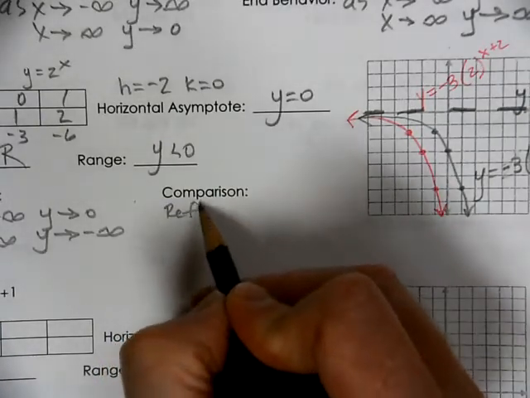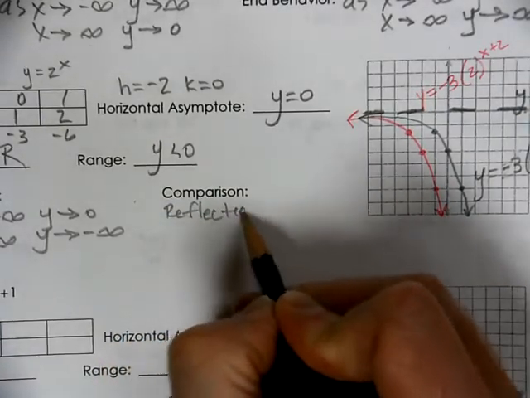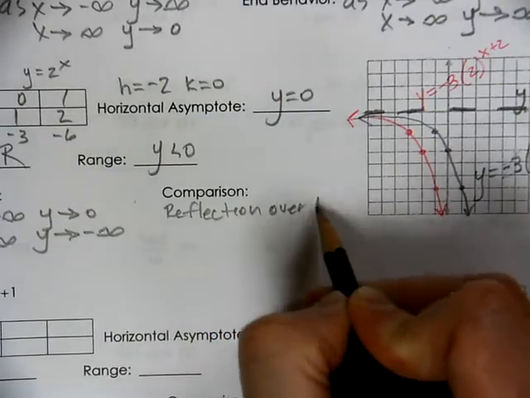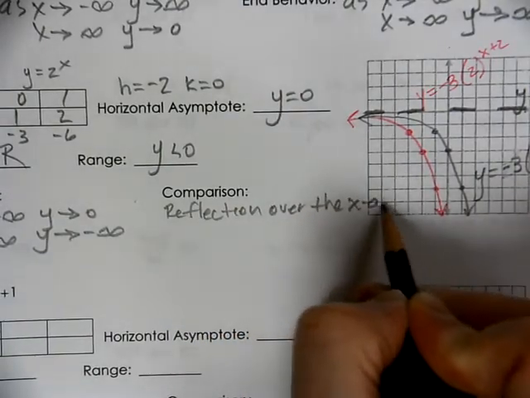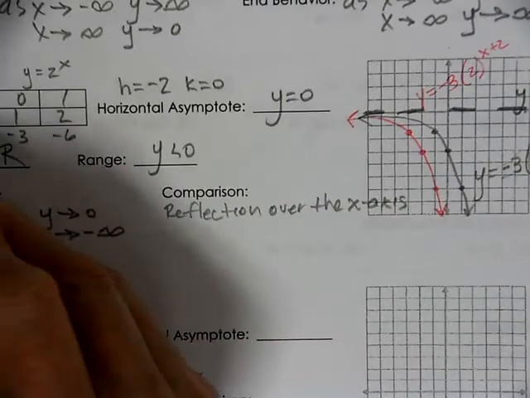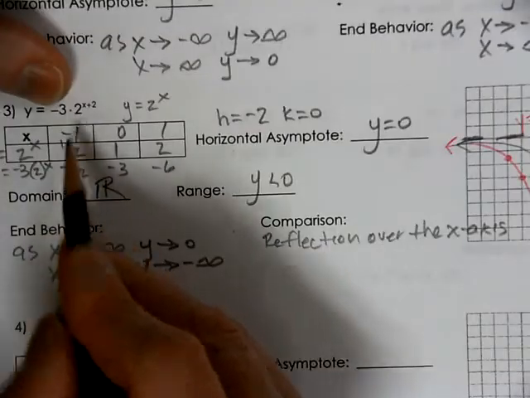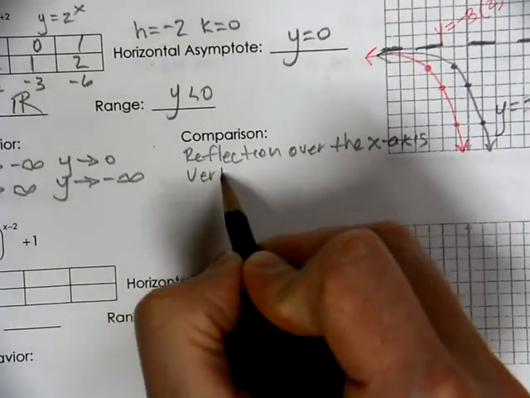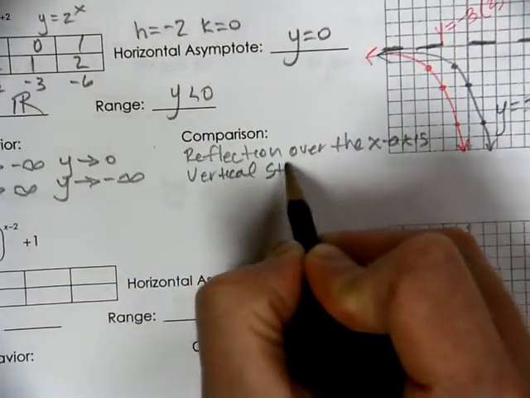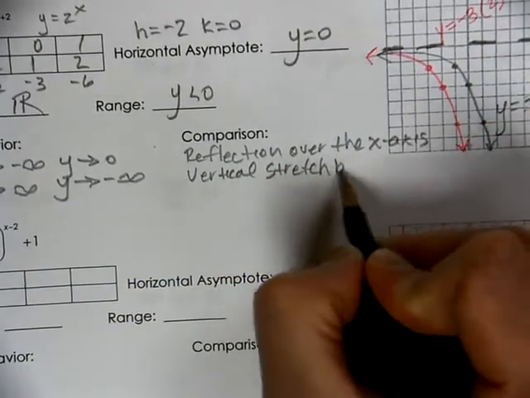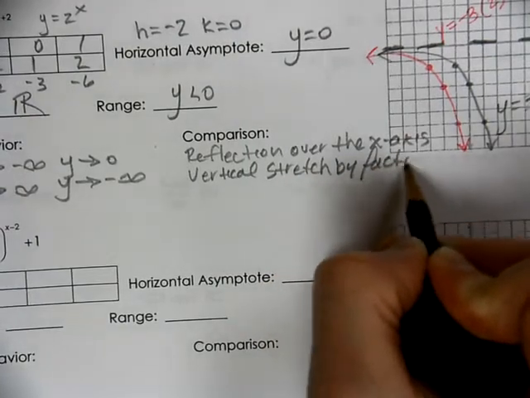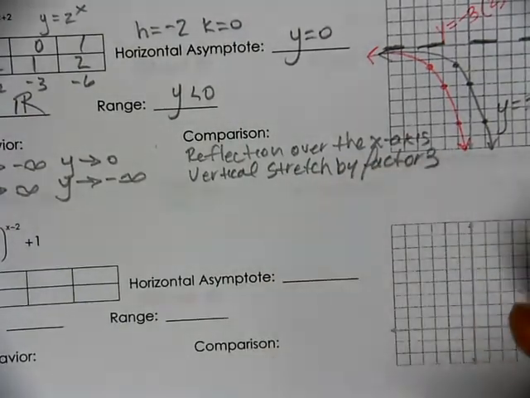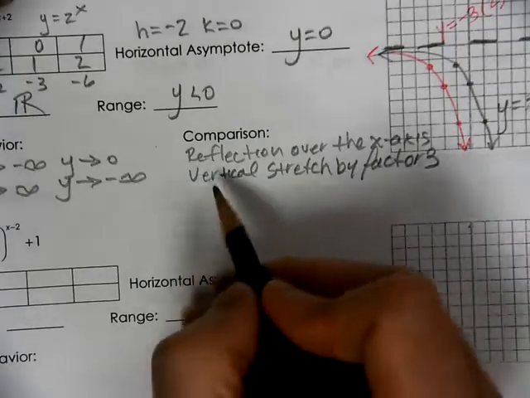We have a reflection over the x-axis because of the negative, and we have a vertical stretch by a factor of 3, and we're translated 2 to the left.